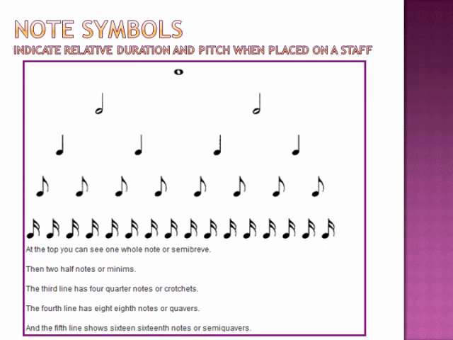So this chart indicates the relative duration of the pitches, and it lays it out mathematically. All of this is very mathematical. Most people that do well in math classes do well in music, mostly. If you look here, the whole note is at the top of the chart.